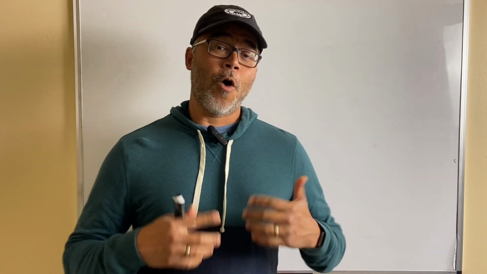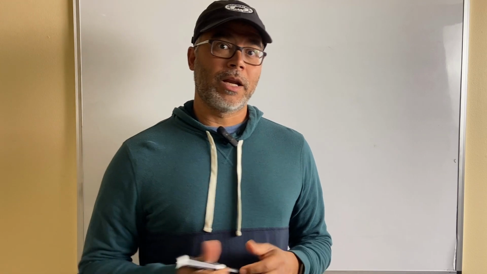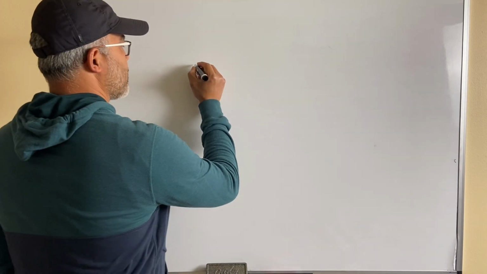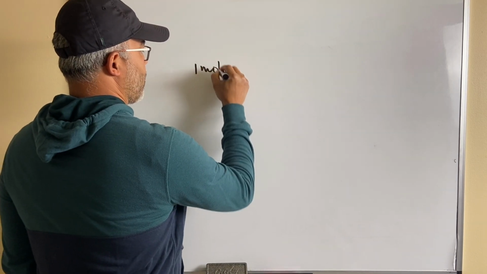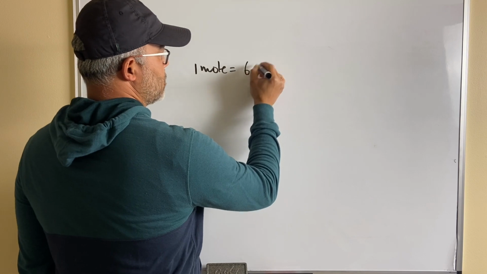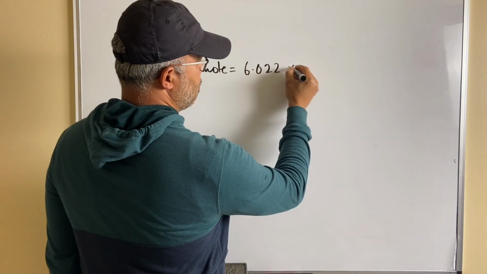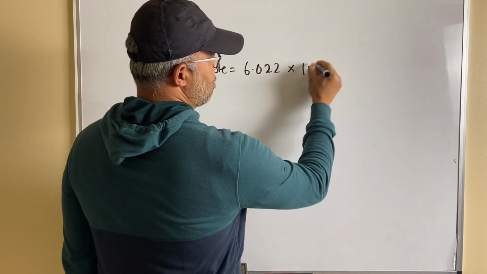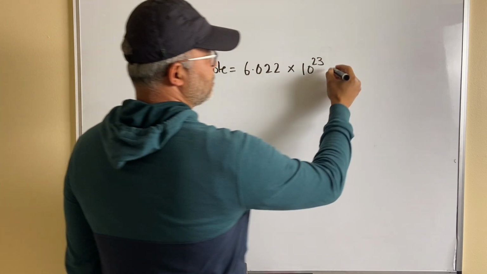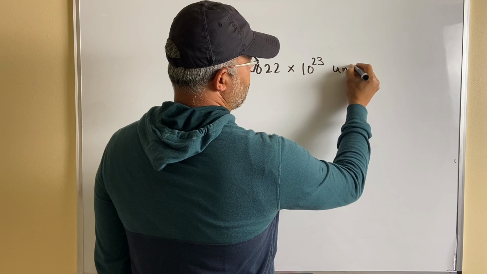Now the question is, how many atoms are in one mole? Turns out it's a very big number. So 1 mole is equal to 6.02. In some books it will say 6.022. So you can take that times 10 to the power 23 units.